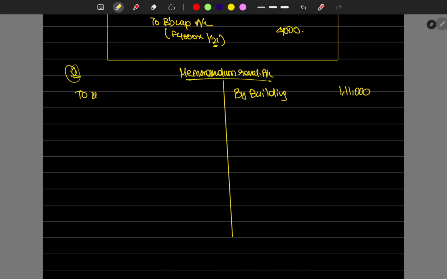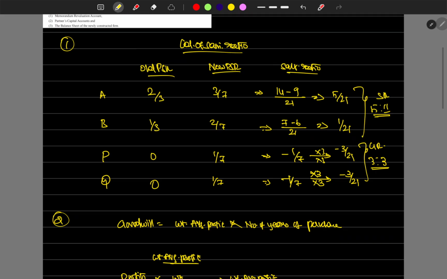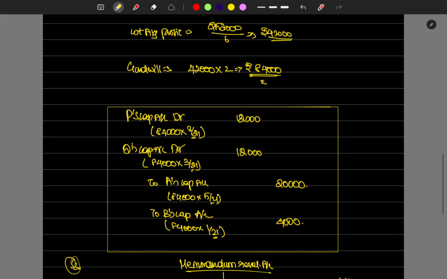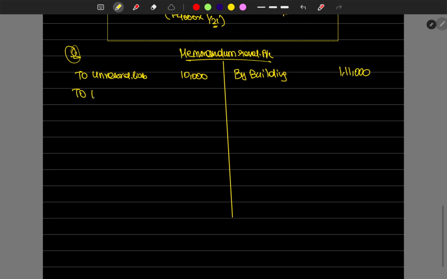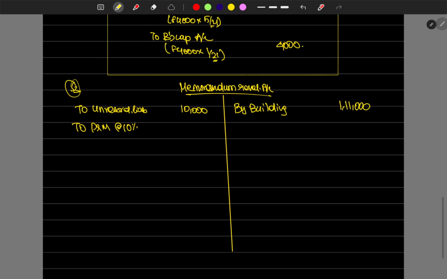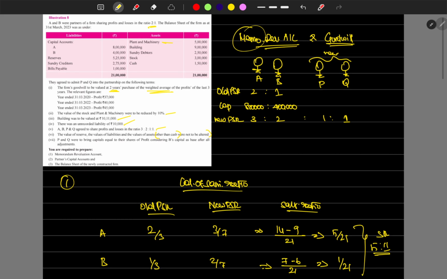Unrecorded liability, which is 10,000, right? It reduces the balance of revaluation. Then what else? Plant and machinery reduced by 10%. 10% of 5 lakhs, which is 50,000, is the revaluation. Anything else revalued, only 3 things, right?